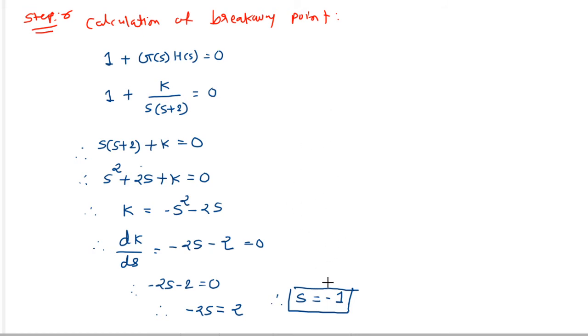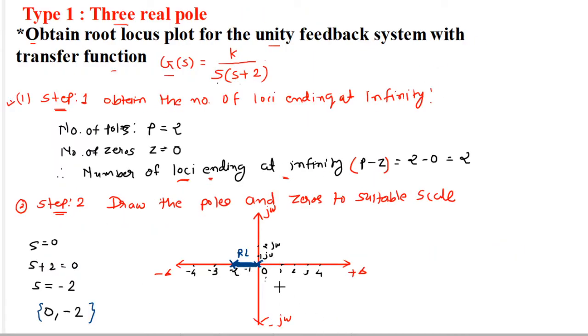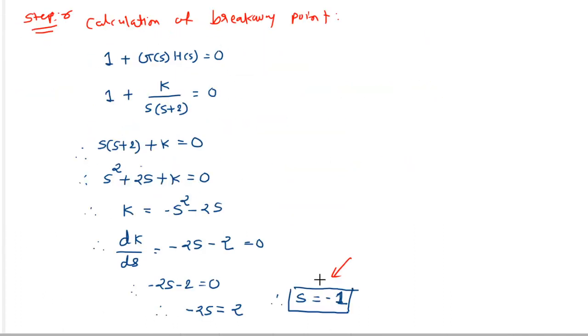Here, first we check whether s equal to minus 1 is valid or not. We know that our real axis portion is 0 to minus 2, and minus 1 lies in this portion. So we can say that s equal to minus 1 is a valid breakaway point.